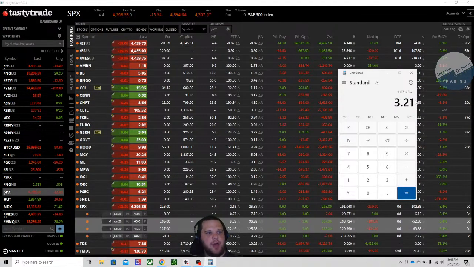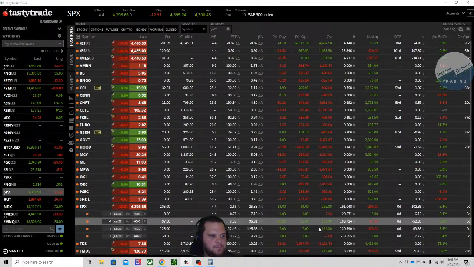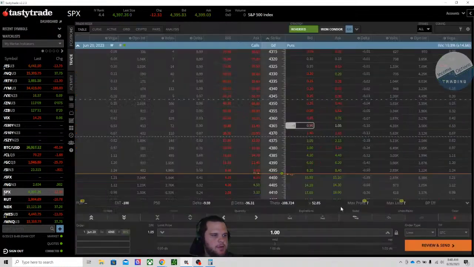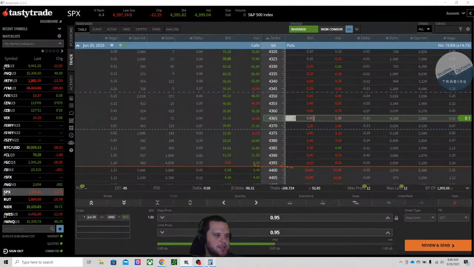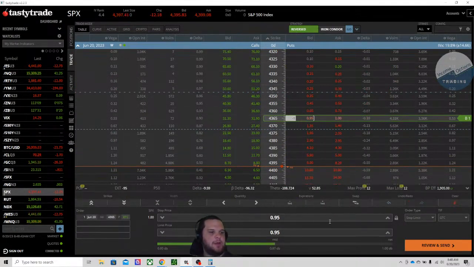I always round up, so it gives myself a little extra room. So I'll put the stop at 330. I put in a stop limit at 330 because that's a 3x net loss.